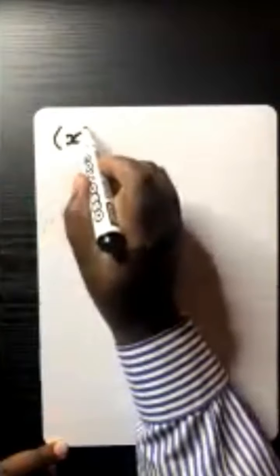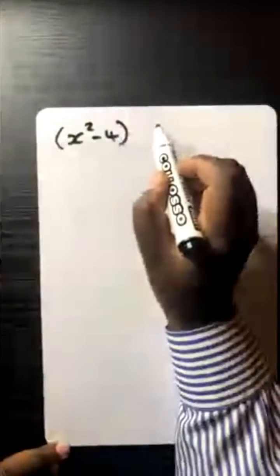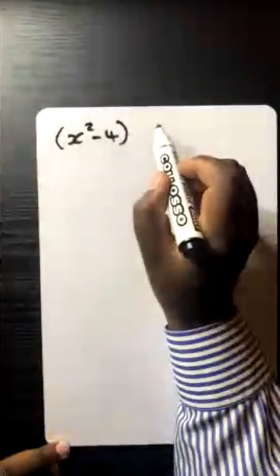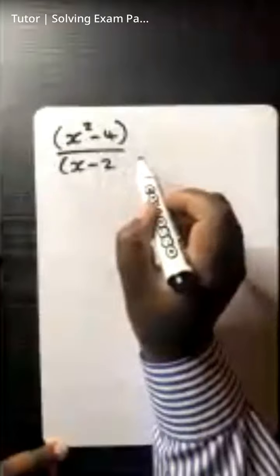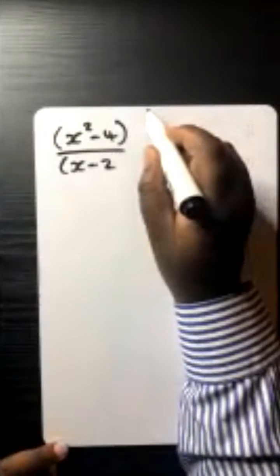For example, given in the textbook, we've got x squared minus 4, all of this divided by x minus 2. You are given this thing to simplify.